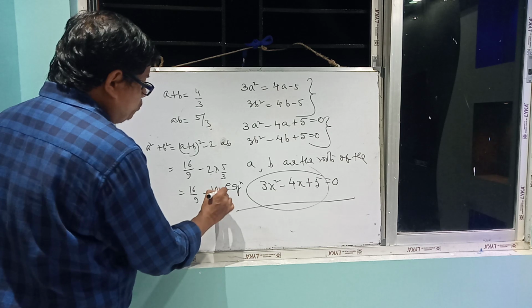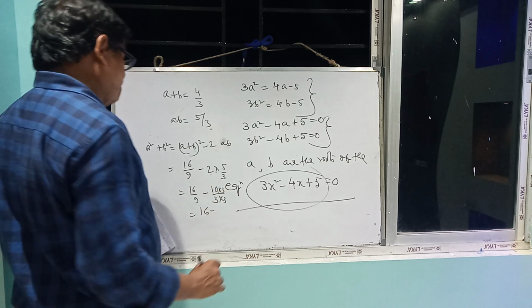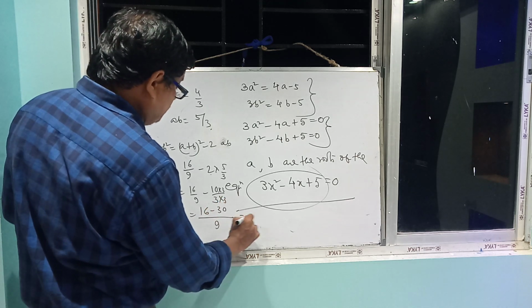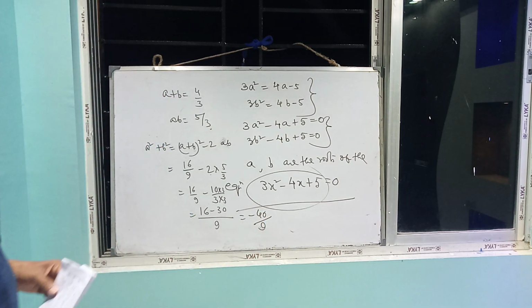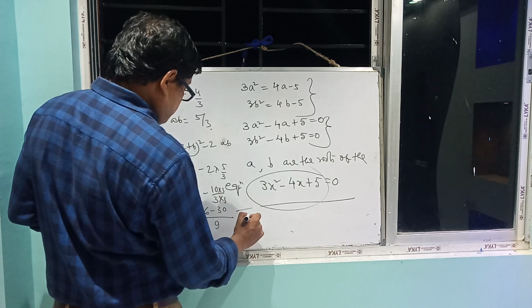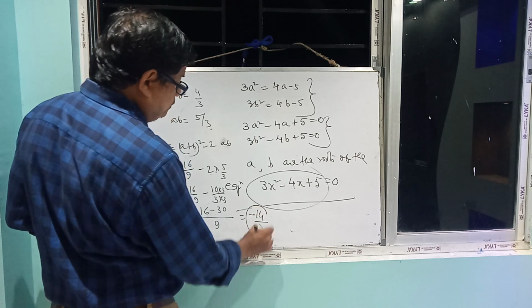Multiply 10 by 3 by 3 to get LCM 9, so that is 16 minus 30 by 9, that is minus 14 by 9.